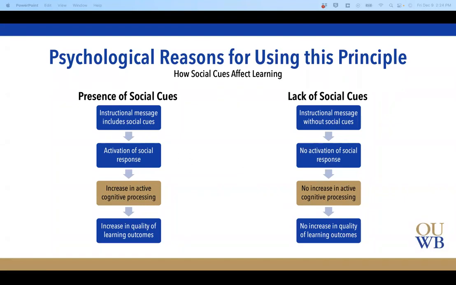So when your instructional message includes social cues, hi, welcome, glad you're here, how you doing today, things like that. Again, it's priming learners for deeper learning. I see a lot of our faculty do this anyway in front of a big lecture, and it may come across as just a simple thing, easy to overlook even.